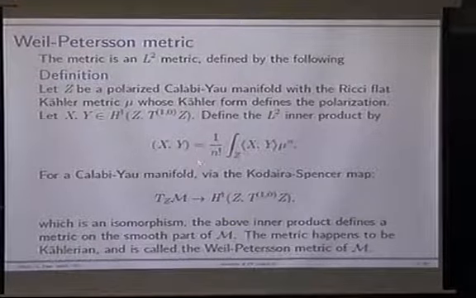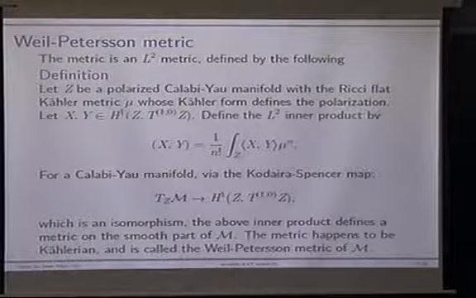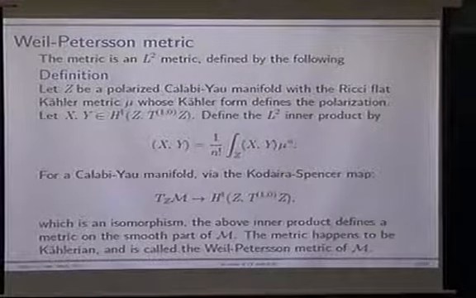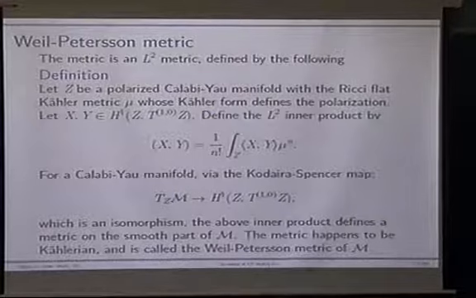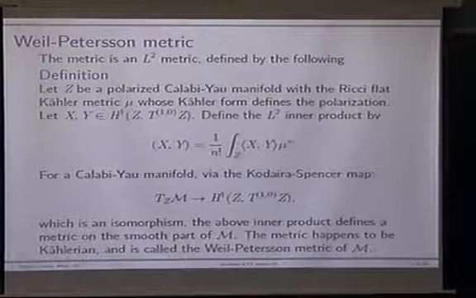So this expression explicitly depends on the Ricci-flat metric. Even though by Yau's theorem we know that on any fixed polarization there's a unique Ricci-flat metric, we cannot write it down. For example, even on a K3 surface, we don't know how to write the Ricci-flat metric explicitly.